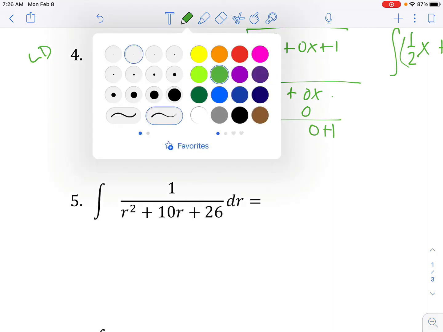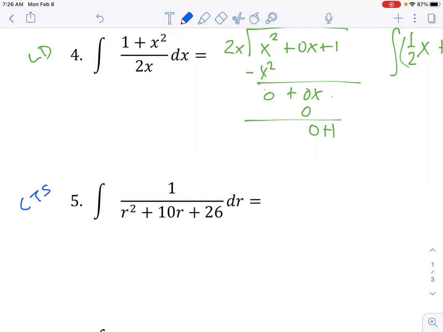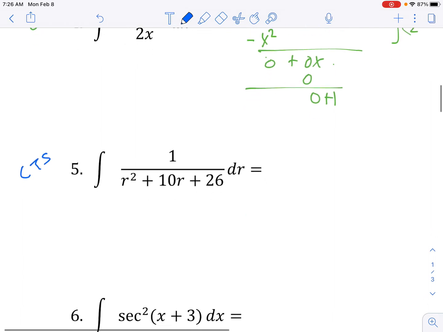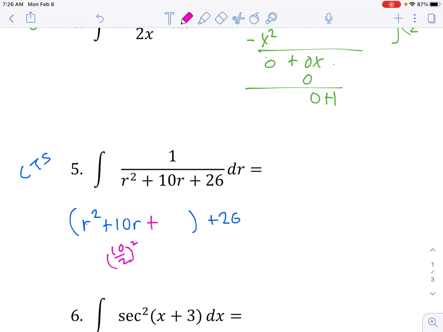Okay, this next one is definitely a completing the square. You get a 1 over a non-factorable polynomial. So let's take a look at just the denominator and set it up as a perfect square. We've got r squared plus 10r, and then I need to leave some space, and then we have a plus 26 on the outside. What do we need for a perfect square here? We need half of 10, and then we need to square it. So it's 25.